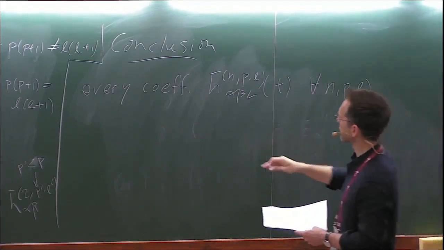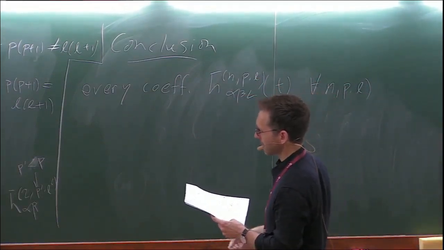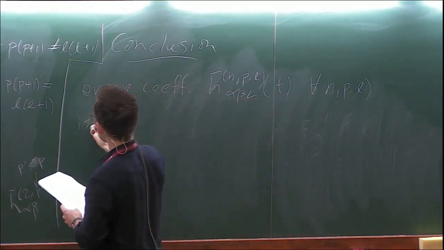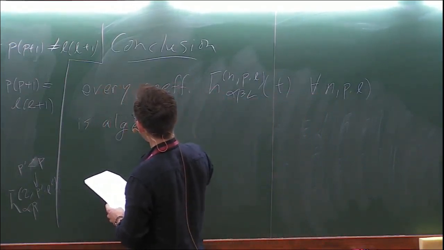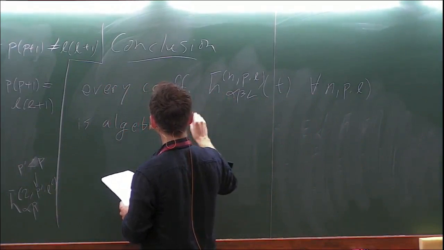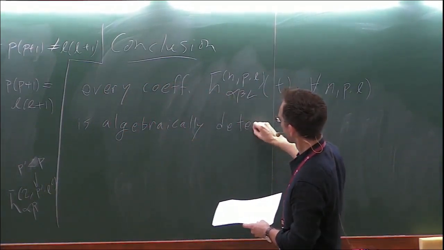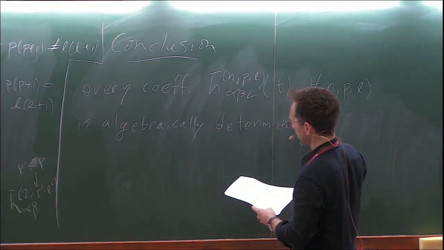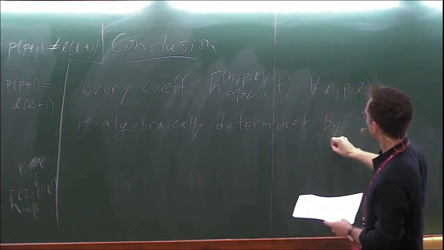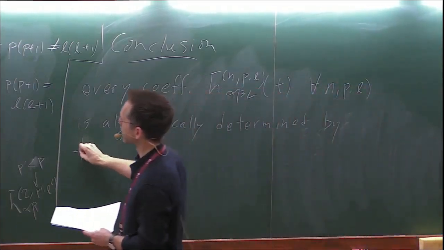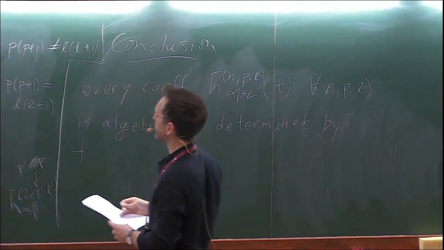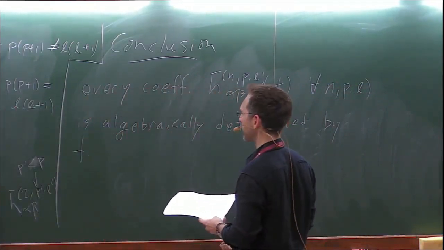Every single one of these, for all values of n, p, and l, is algebraically determined with no freedom by the modes, these special modes here, where p times p plus 1 is equal to L times L plus 1.